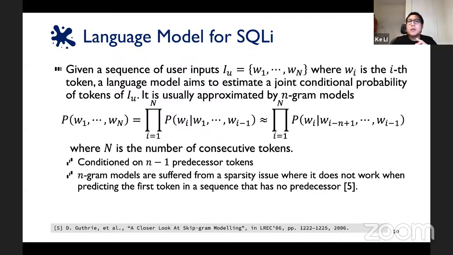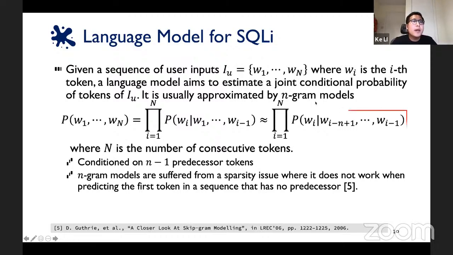So the first thing is about the language model itself, because this is the main crux of our DeepSQLi. Once we are talking about the language model, we have to talk about the N-gram model, which is a very famous, popular one in the natural language processing field. It is actually a joint conditional probability like this, and everything seems to be fine.